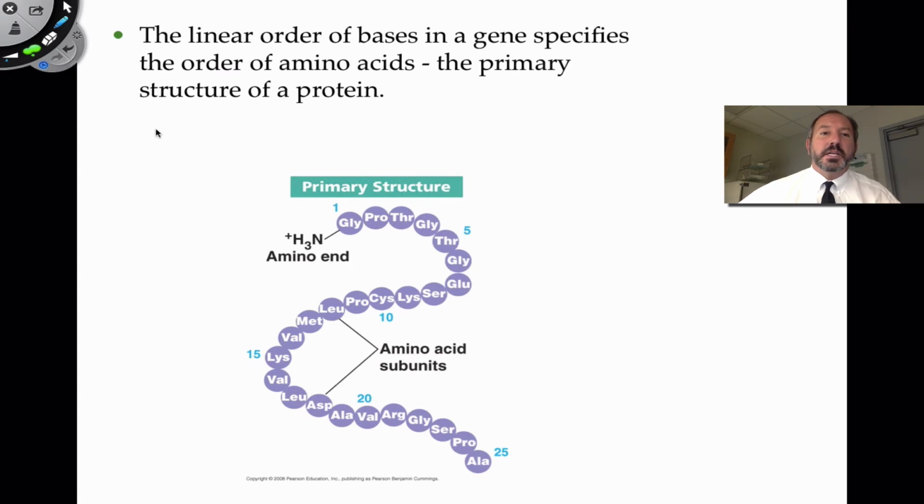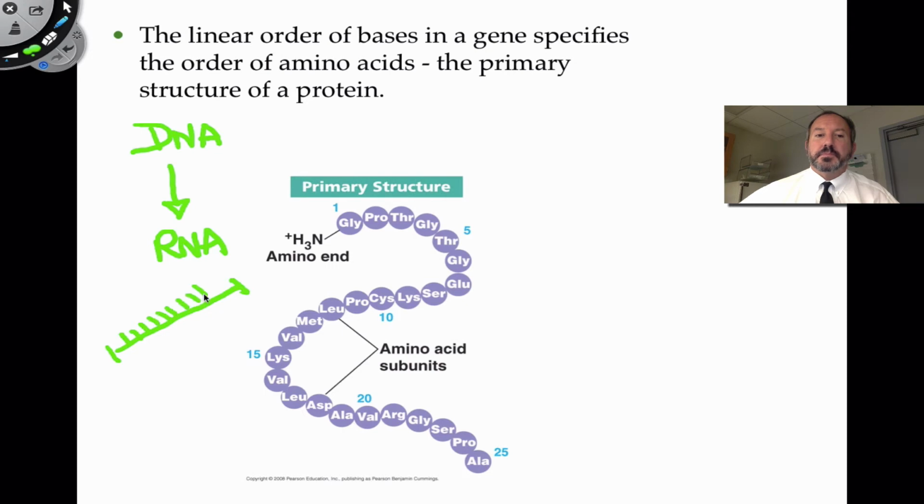So what DNA does, and then ultimately RNA, don't want to forget RNA. So the nitrogen base sequence of RNA will determine the amino acid sequence.